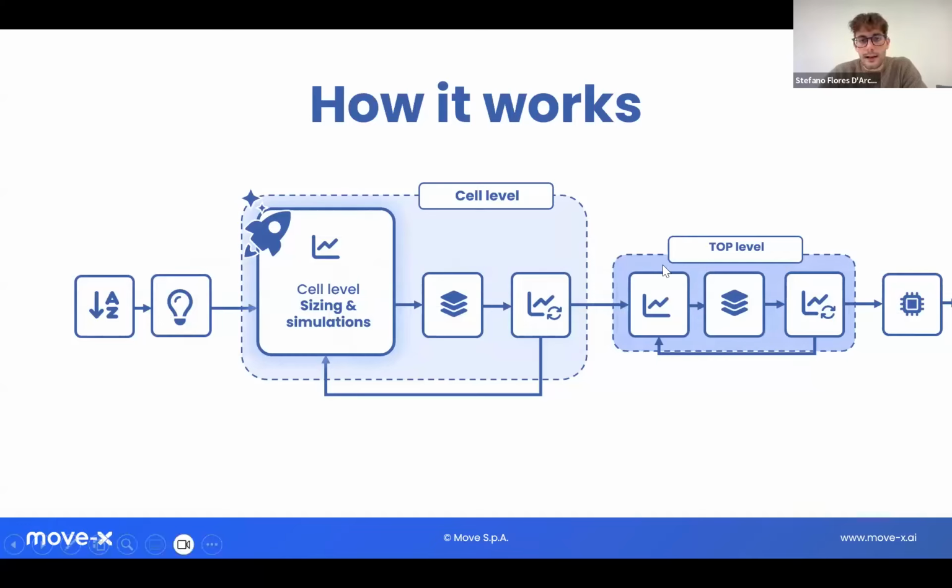Cell-level design, as Ilaria explained, is one of the most time-consuming steps inside the analog workflow. And with Spaceman, we can completely boost the process of sizing, optimizing, and simulating the cell. Spaceman can completely autonomously size and optimize the cell and give us a verified cell view schematic for every analog IP and basic blocks we can then use to make designs in a more efficient way.